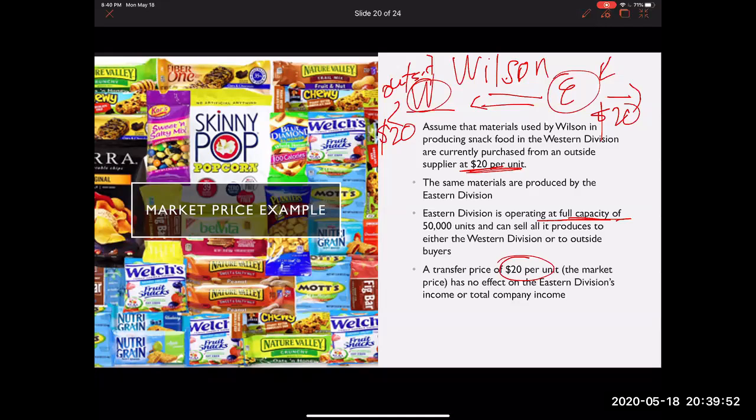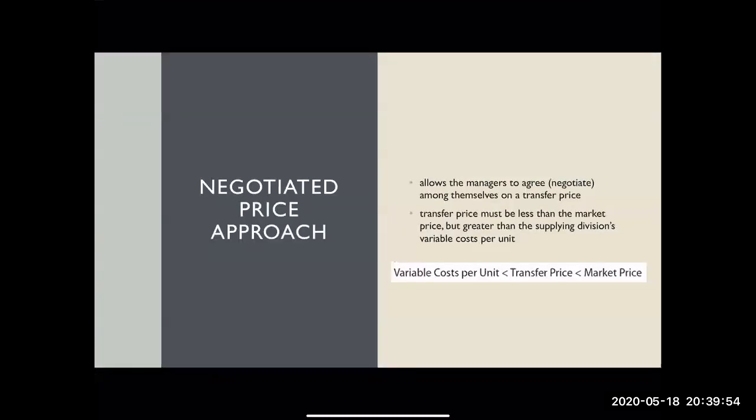All right, let's talk about negotiated price. A negotiated price allows the managers to agree or negotiate amongst themselves on a transfer price. What's important here is that the transfer price must be less than the market price, but greater than the supplying division's variable cost.